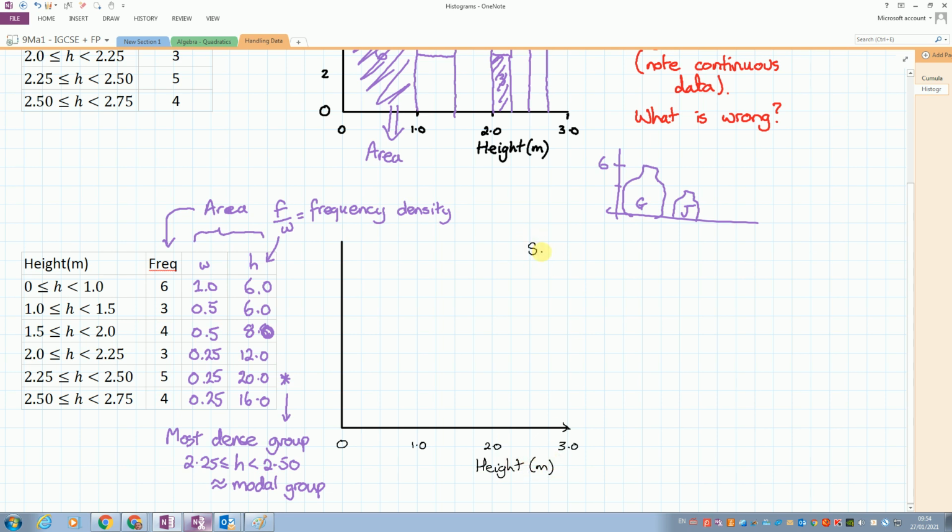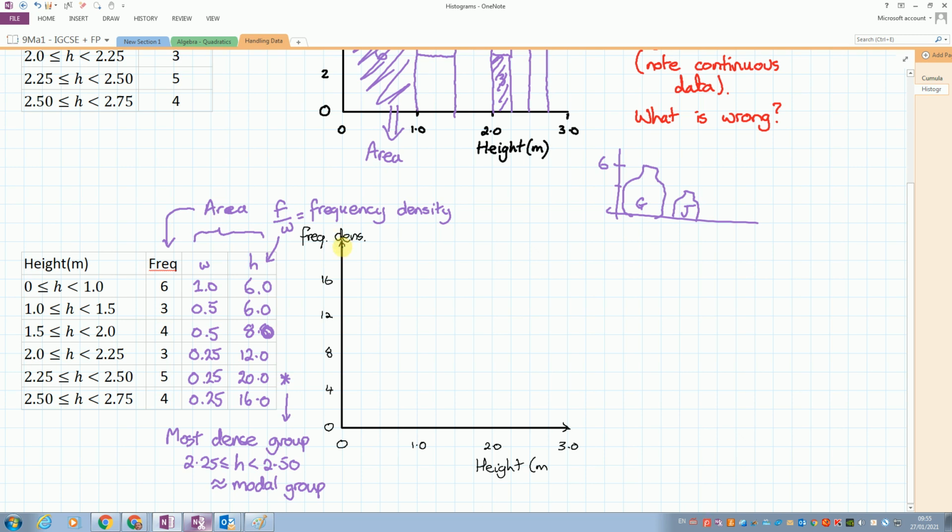So I'm going to put a title on here, sunflower. And going up the side now, we are going to plot the frequency density. Going up here, we've now got 4, 8, 12, 16, and 20 is at the top there.